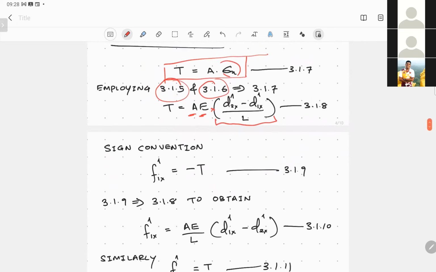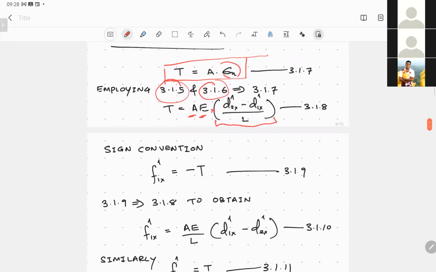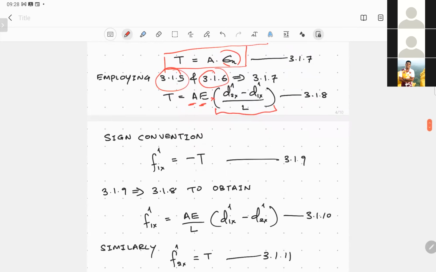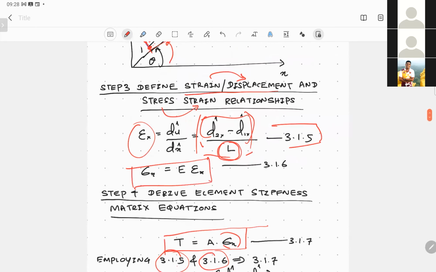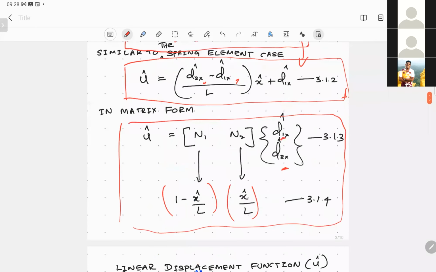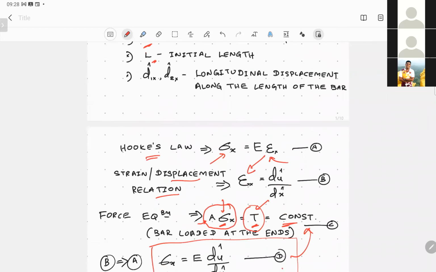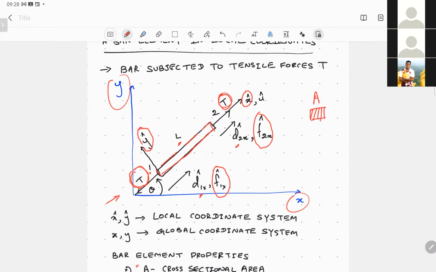So we can apply the sign convention. We know the forces now. Let's go to the original figure here. When we consider node 1, this is subjected to tensile force, and we have defined F1x hat positive to be in this direction, and the tensile force is in the other direction, isn't it?